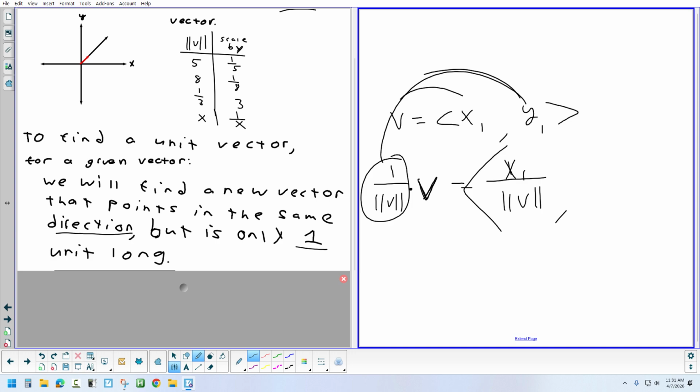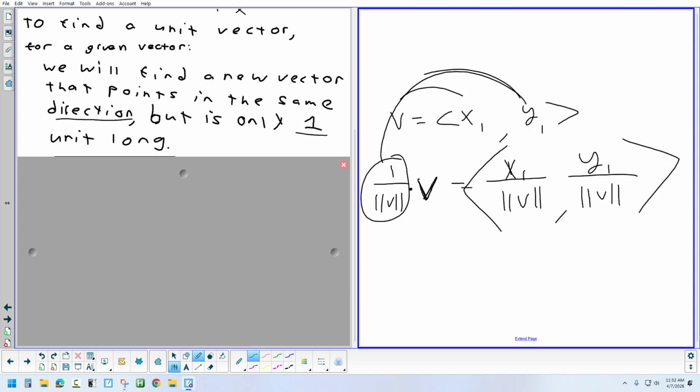So you're going to end up with y1 over the magnitude of v. So you take each component and divide it by the magnitude. Or you could say multiply by the reciprocal. That's the same thing. But that is your formula.